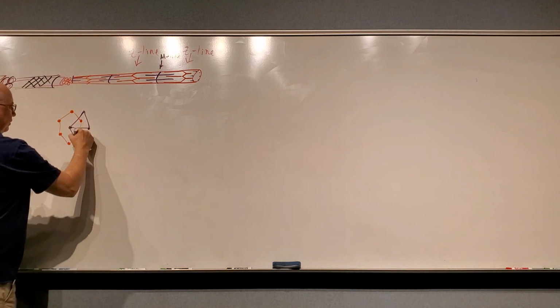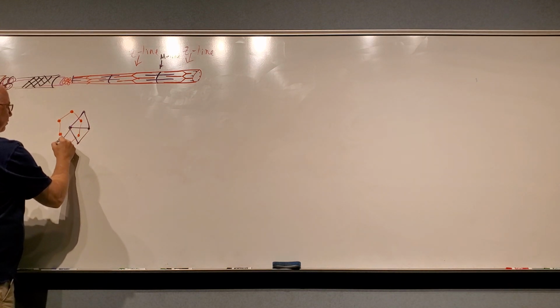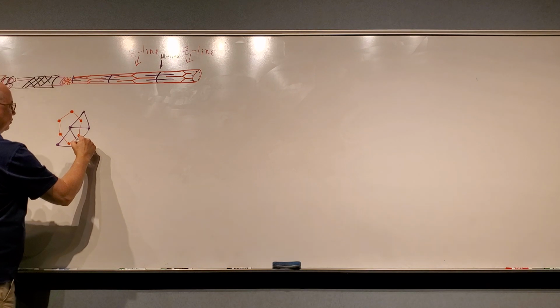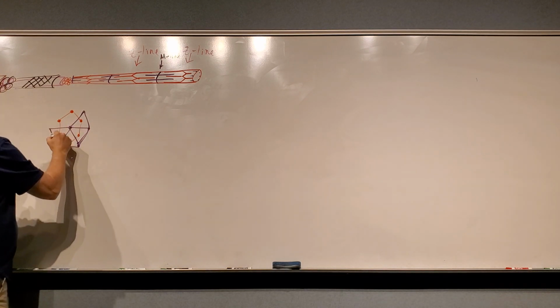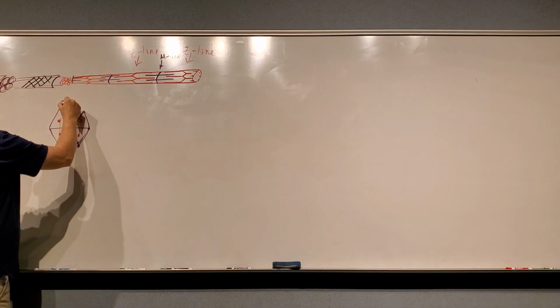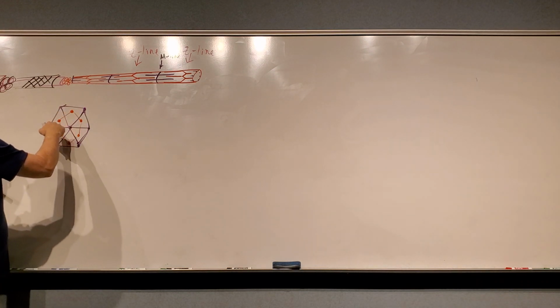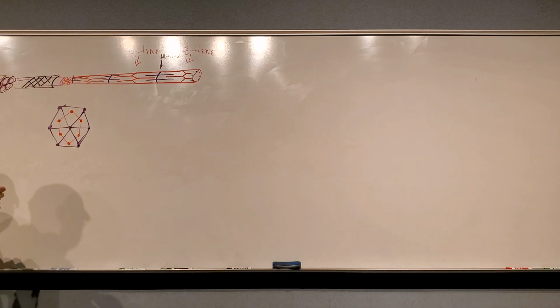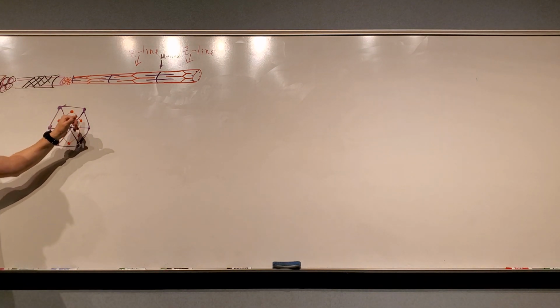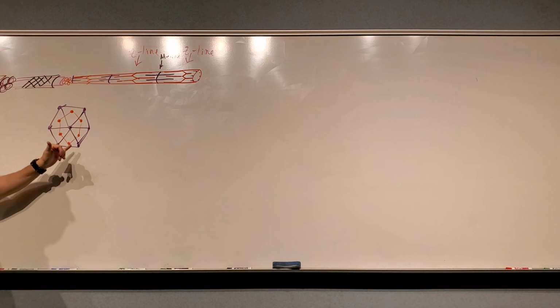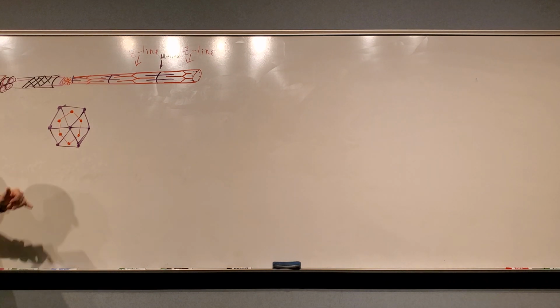And if I increase the number of these, I didn't draw that very well to begin with, you can see this 6 around 1 or 3 around 1 arrangement. Every myosin is surrounded by 6 actins or thin filaments. Every actin is surrounded by 3 myosins.